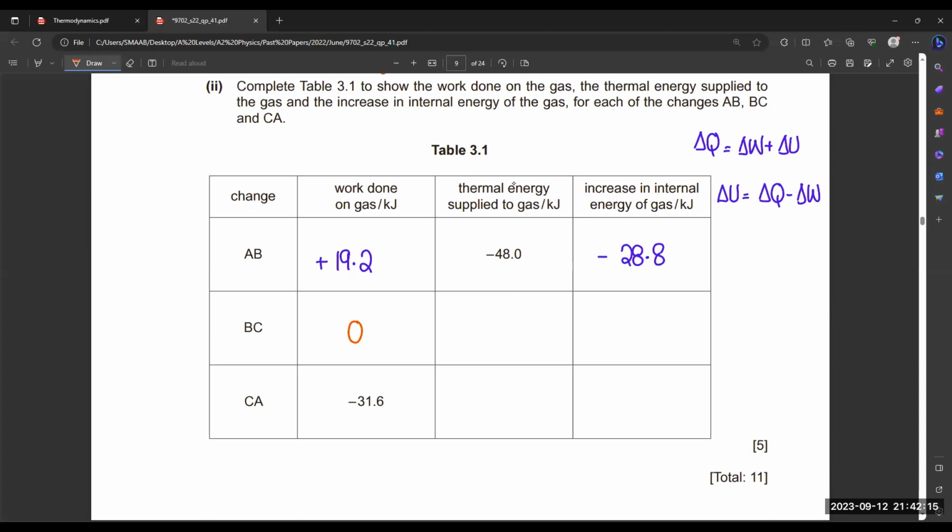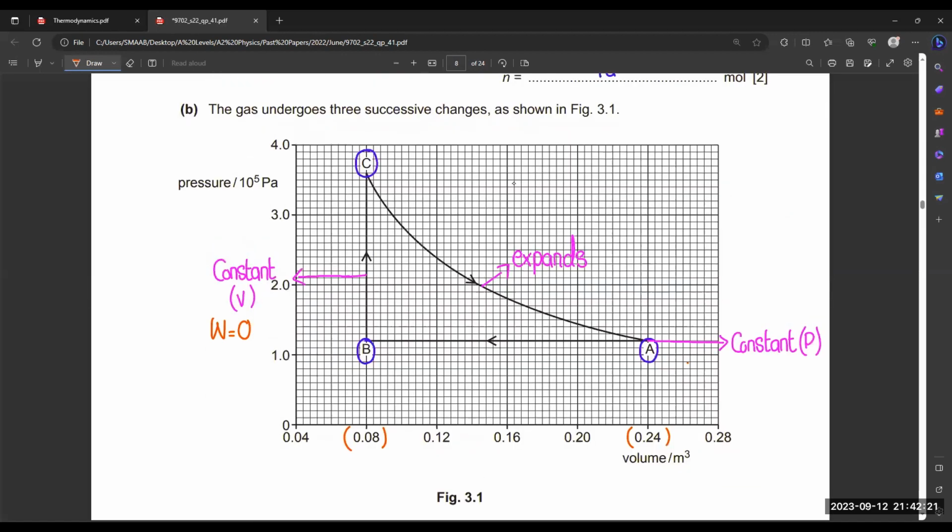And one more thing, if we talk about C to A, we are moving in a downward direction and we are doing work. We also have to check the internal energy. Basically, all your energy is going to be consumed in the work done, because work done is given as 31.6 in this question.